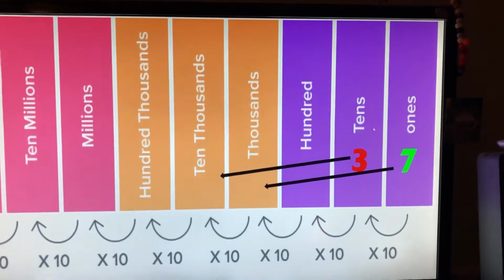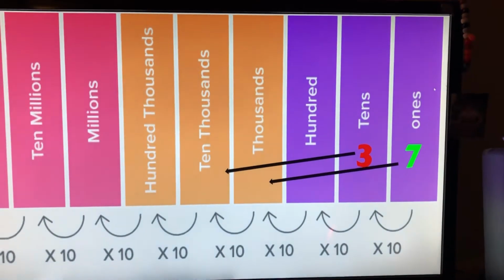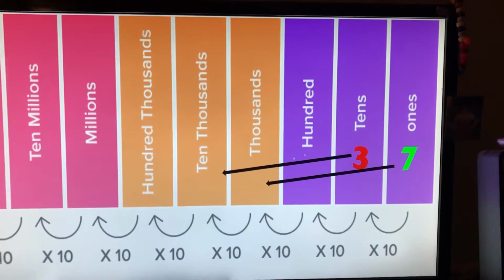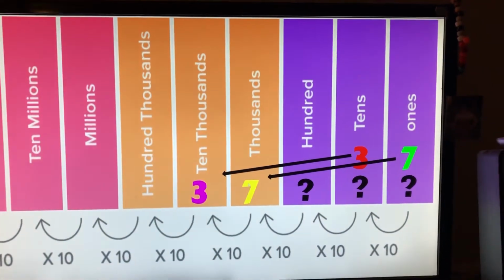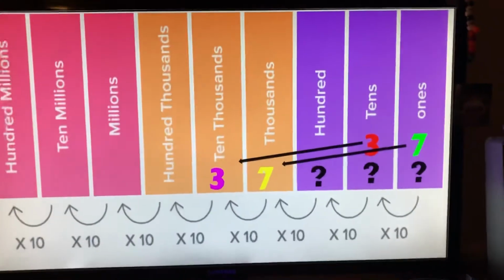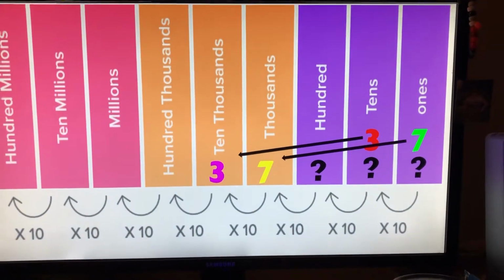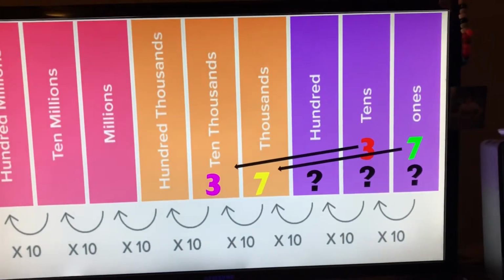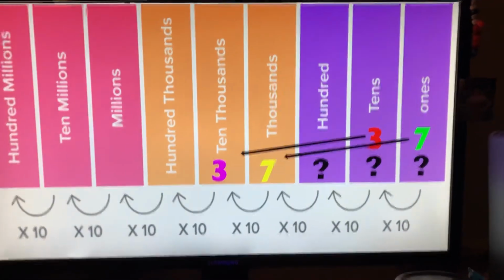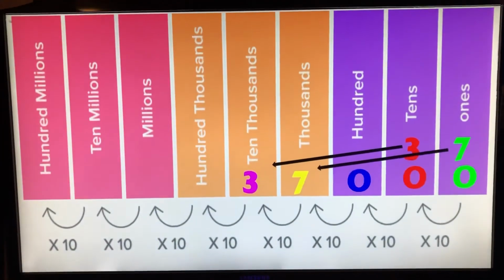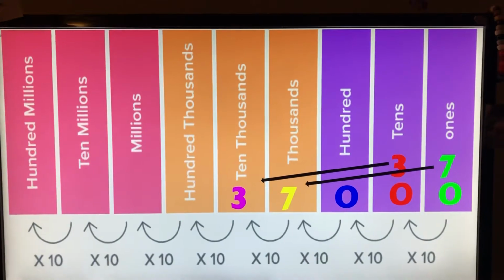That 3 goes from the tens to the 10,000, and that 7 goes from ones to 1,000. What are we putting in those question mark areas? We have to have a placeholder. If we're timesing it by 10, 100, 1,000, what is that placeholder? It has to be 0.